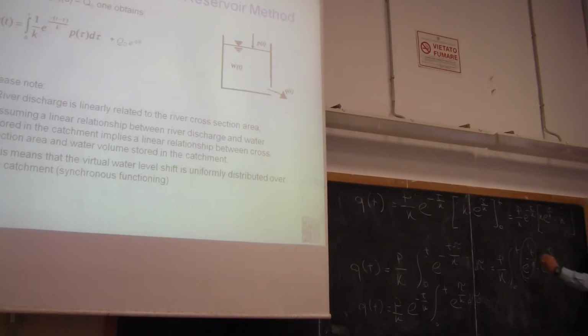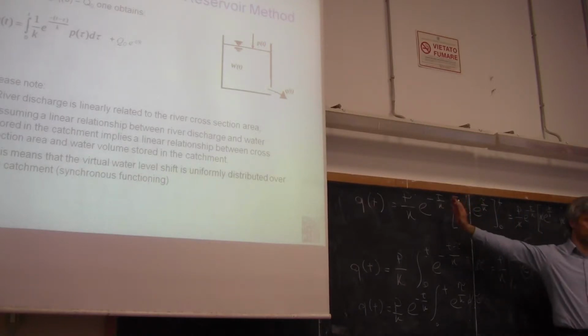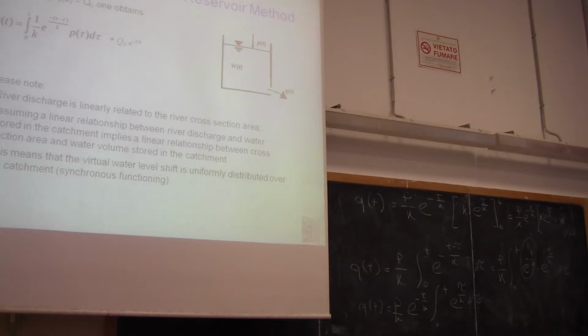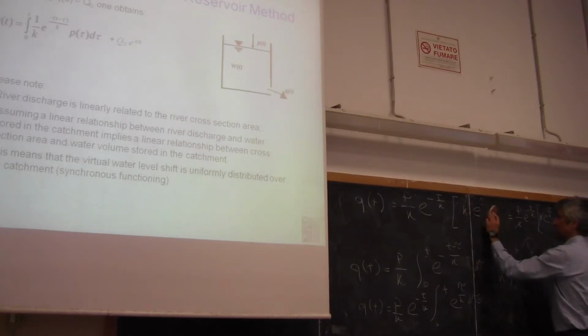Okay, now you see that we can eliminate k here. And we are almost there. And let me rewrite on the left side of the blackboard. So I delete here.